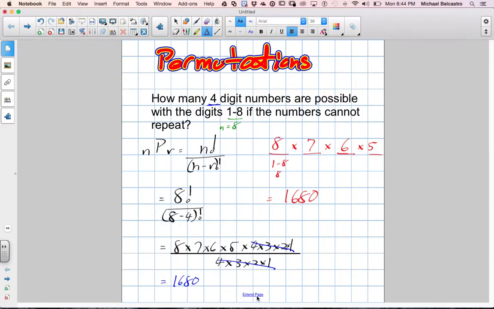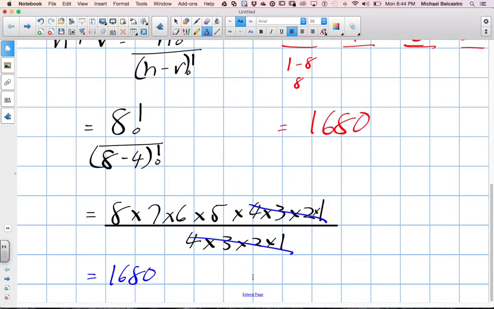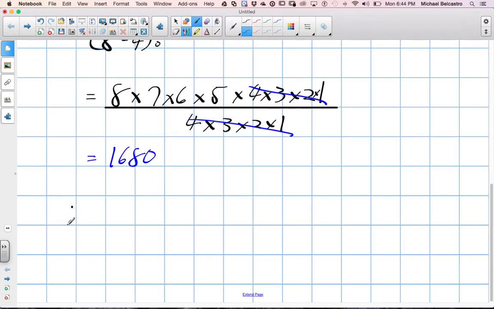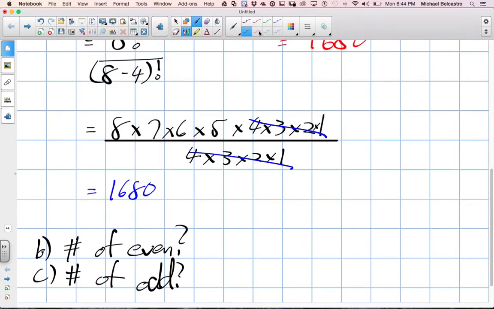Add to that, they also asked us, let's say, the number of even, so we'll call that our part B, and our part C, the number of odd numbers. I'm going to use our thinking one, or our fundamental counting principle.